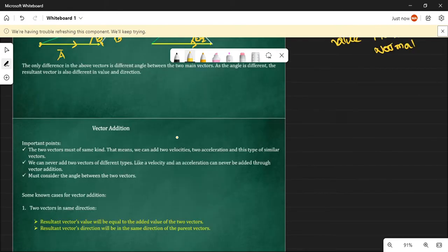In vector addition, we have to keep in mind some important things, like the two vectors must be of the same kind. What does it mean by the same kind?